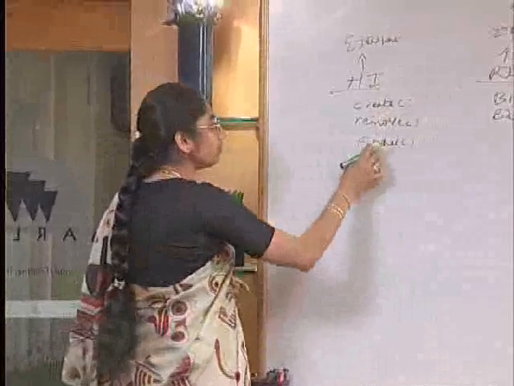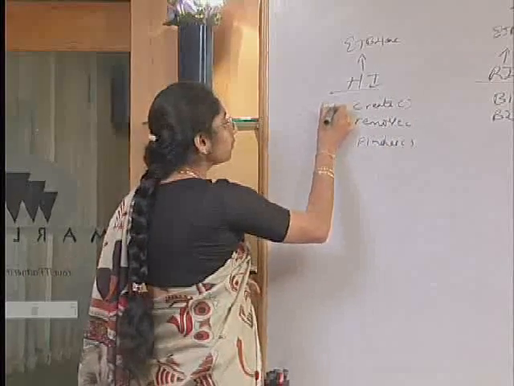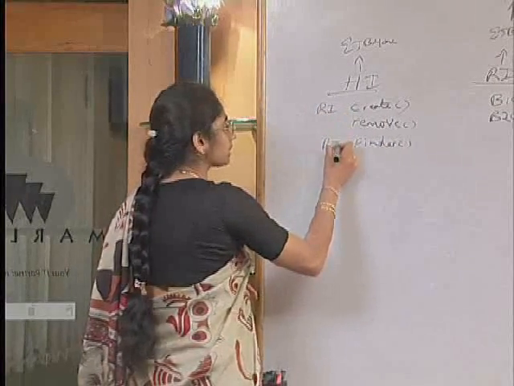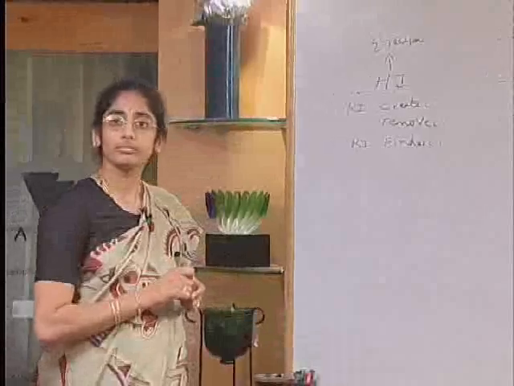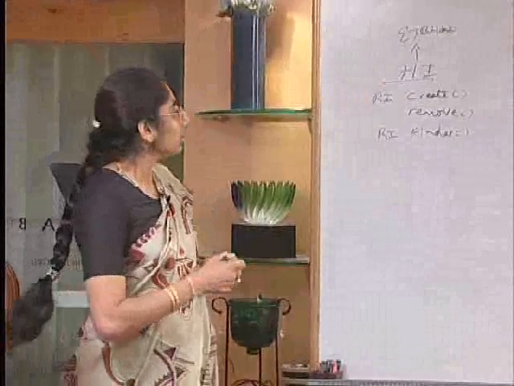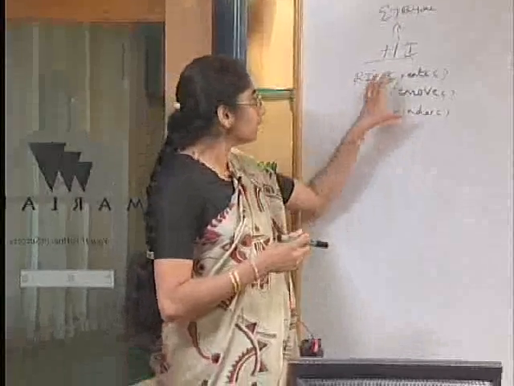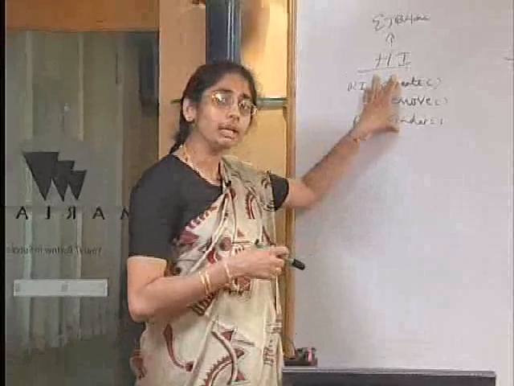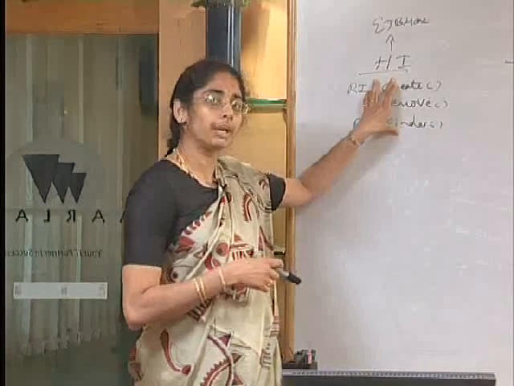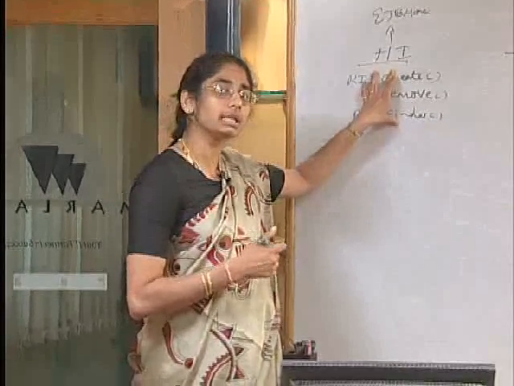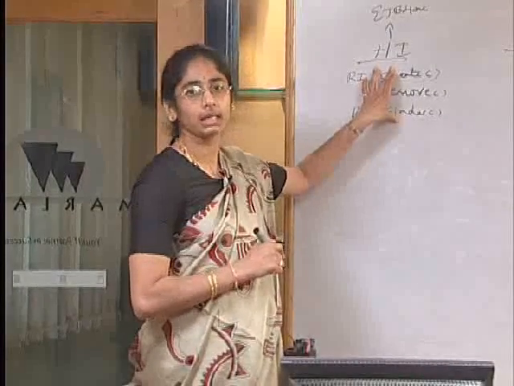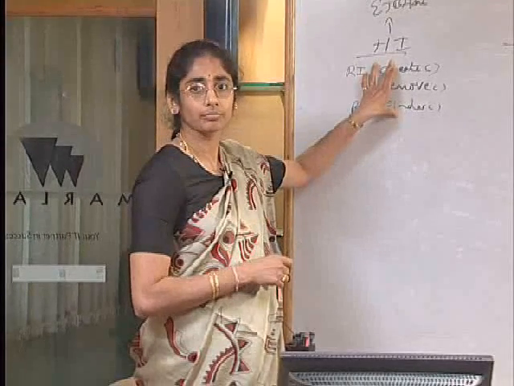The create and the finder methods return a remote interface type of object. Now, these methods will be implemented when we compile using what is known as the EJBC command, the EJB compiler command.